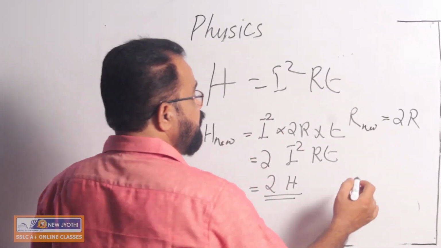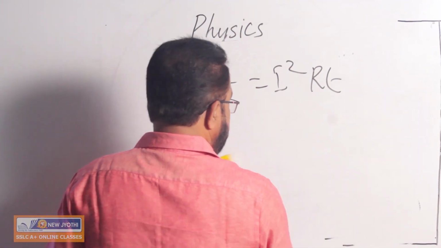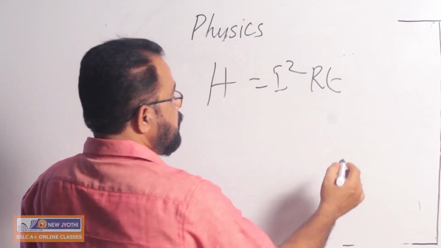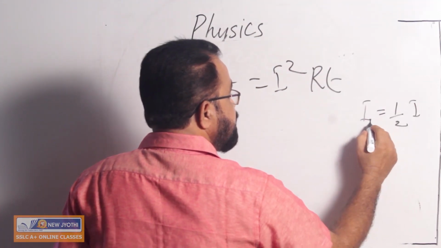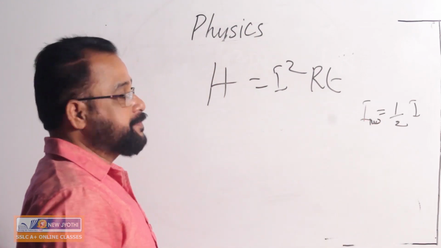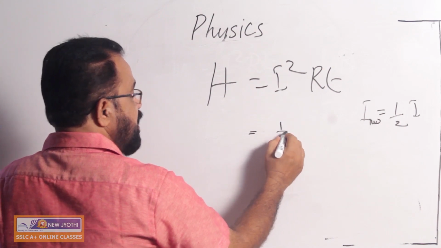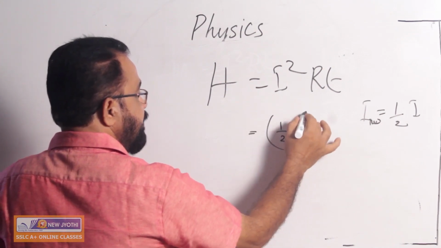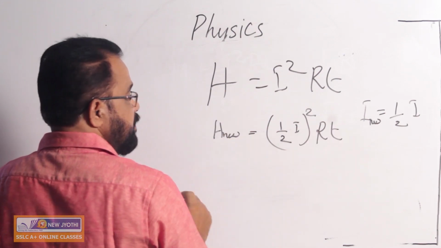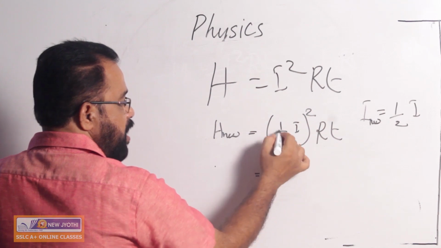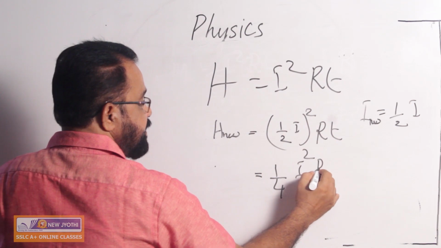What happens if I becomes half? I is 1 by 2 I. I new is equal to 1 by 2 I. Substituting the values, I square, that is half I the whole square, into R into T. H new is equal to half square, which is 1 by 4, then I square RT.